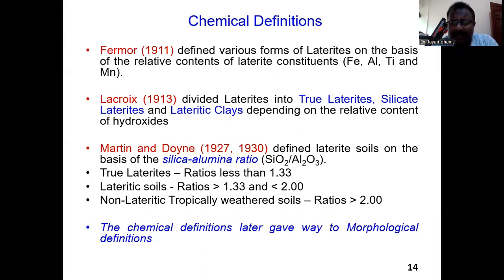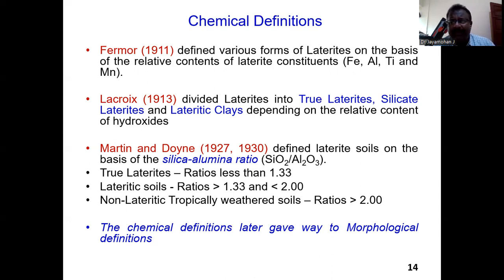Then towards the 1930s, Martin and Doyne, based on the silica-alumina ratio, classified laterites as true laterites, lateritic soils, and non-lateritic tropically weathered soil. So that was another type of classification system.